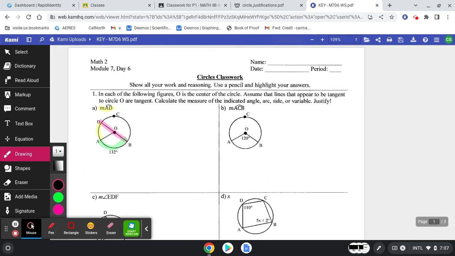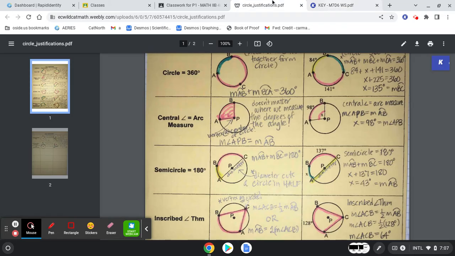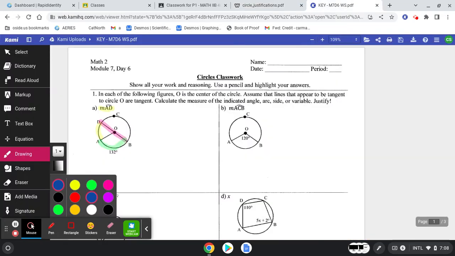You got it. Now look at that circle's justification if you need to, as we're going through this assignment, if there's ones you don't understand. We know that this diameter, this semicircle over here on this side, we know that the measure of that arc DCB, if you will, is equal to 180.